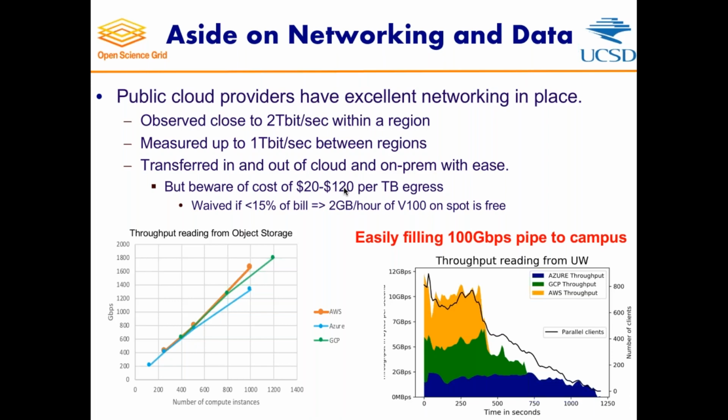If there were in the future arrangements between global academic providers, for example, GEANT in Europe, if GEANT had an arrangement with the European cloud providers to get peering and egress charges down to $20 per terabyte, and the routing between GEANT and us, say from Frankfurt in AWS, goes to GEANT, to Amsterdam, to Manhattan via the academic internet, so that we don't charge on the commercial providers, then we could get this $120 also down to $20.